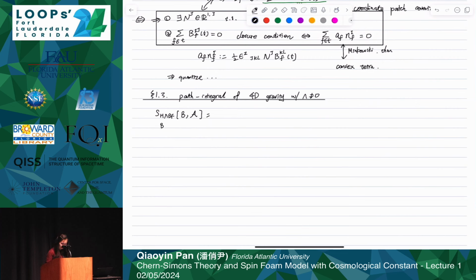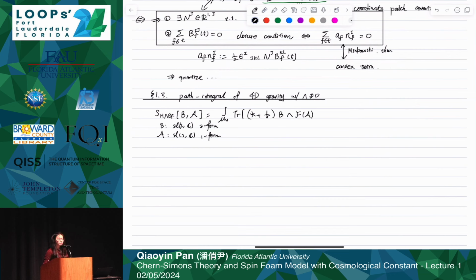And again, this B is an SL2C 2-form. And this A, its connection, is an SL2C 1-form. And it's written as an integral over the 4-manifold of the trace of Hodge plus 1 over gamma, B wedge F of A. This is the action we had before.